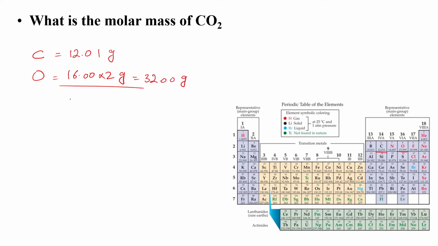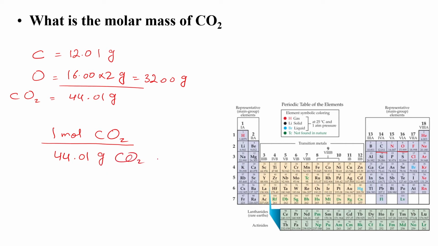And when you add all these, it will be 44.01 gram, the mass of carbon dioxide. And if you're making a molar mass conversion factor for carbon dioxide, it will be 1 mole of carbon dioxide is 44.01 grams of carbon dioxide.